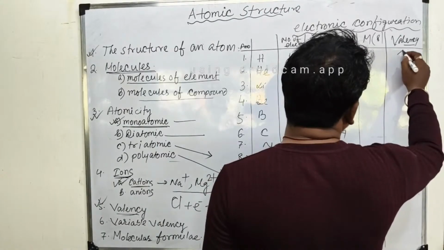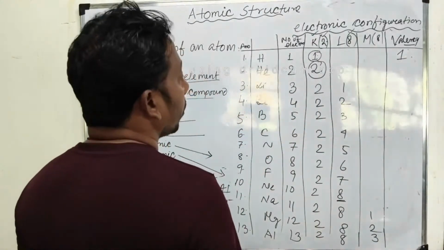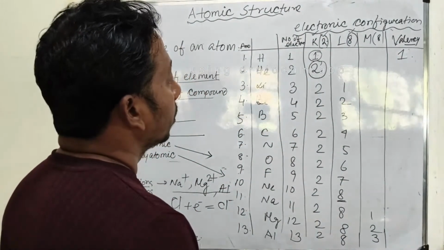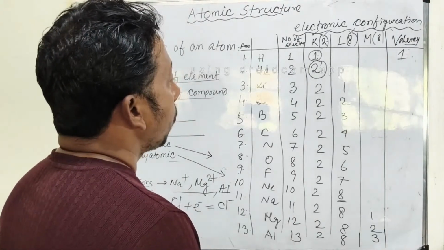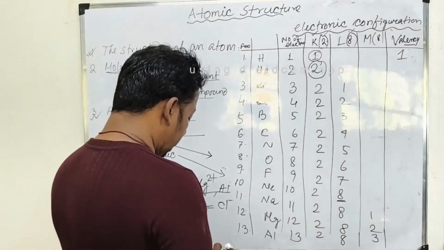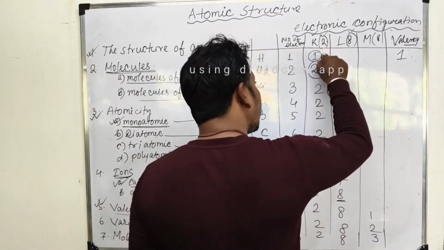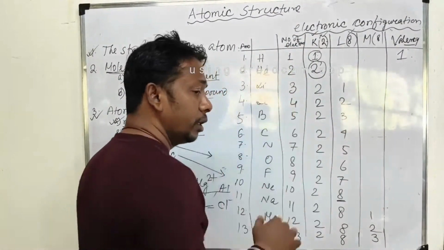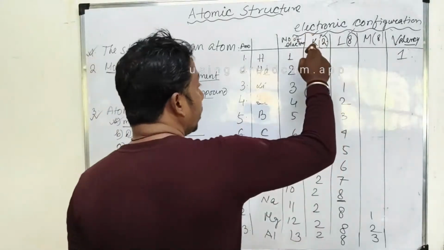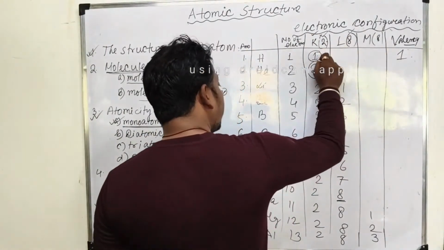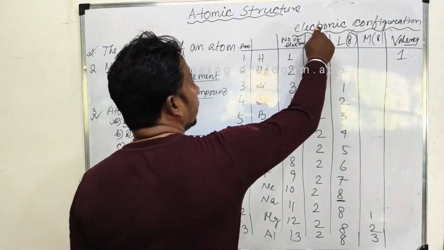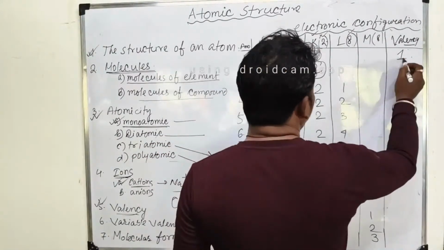Or you can say that hydrogen requires 1 electron to fulfill its duplet. You can think like that. If 1 electron is added here, it can fulfill its duplet, so the valency is 1.